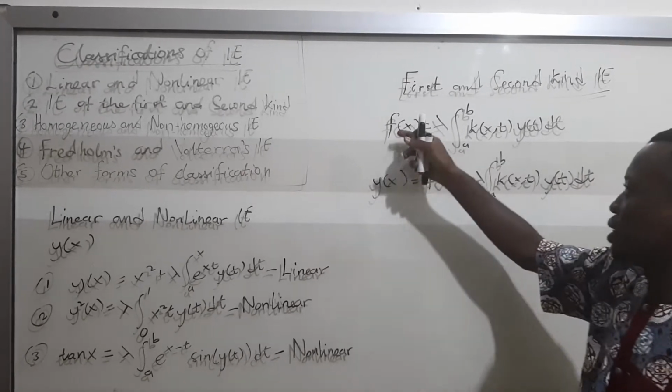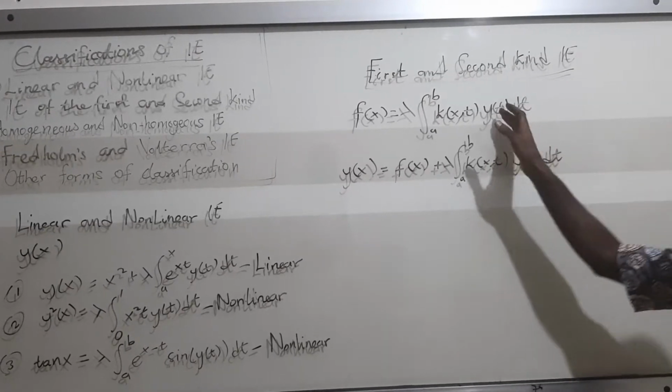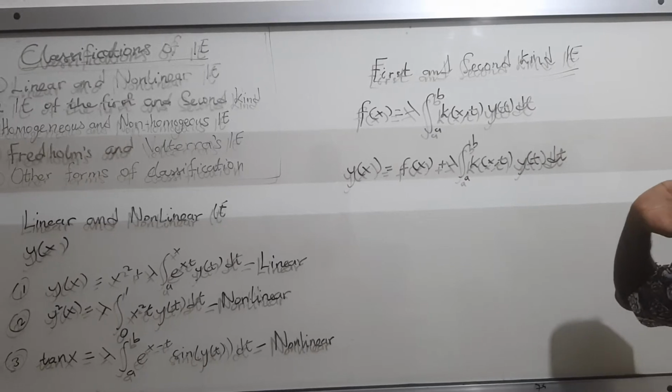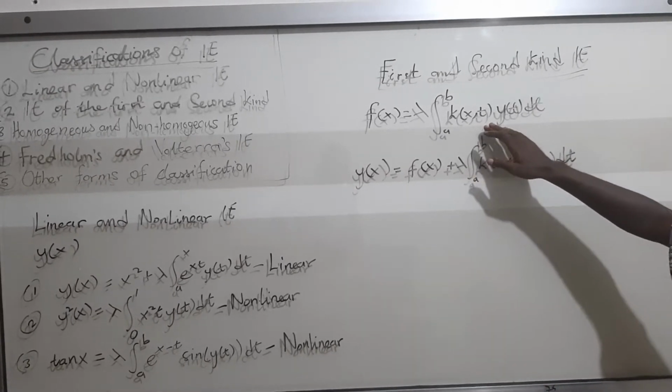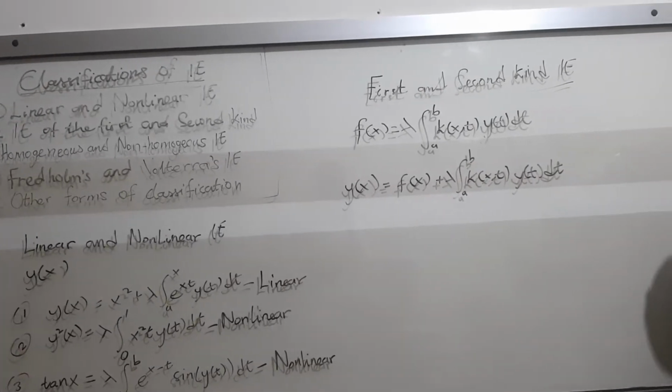In our first equation, you can easily see that the unknown function appears only under the integral sign, does not appear anywhere else. So since it only appears under the integral sign, this equation is known as a first kind integral equation.